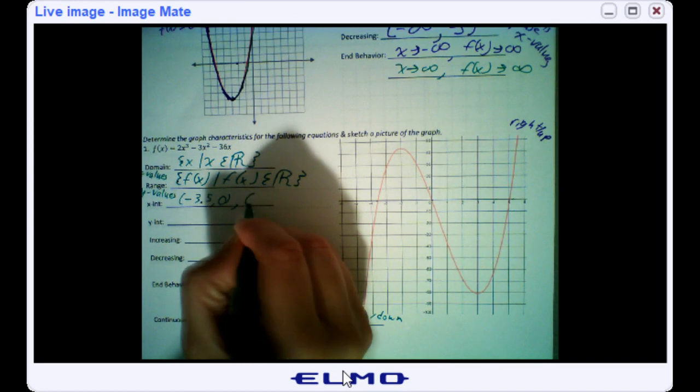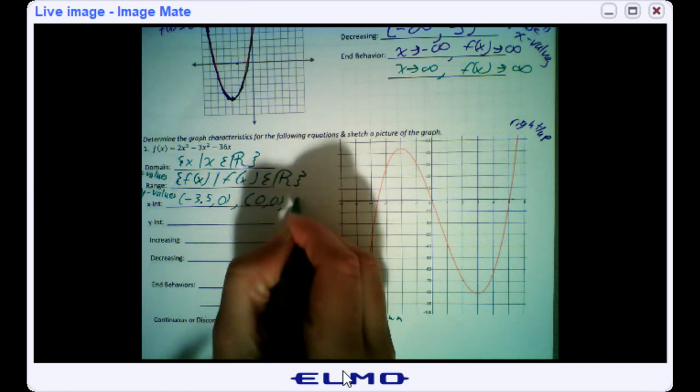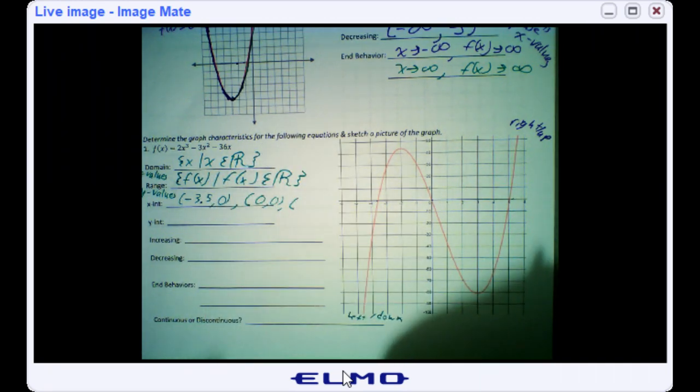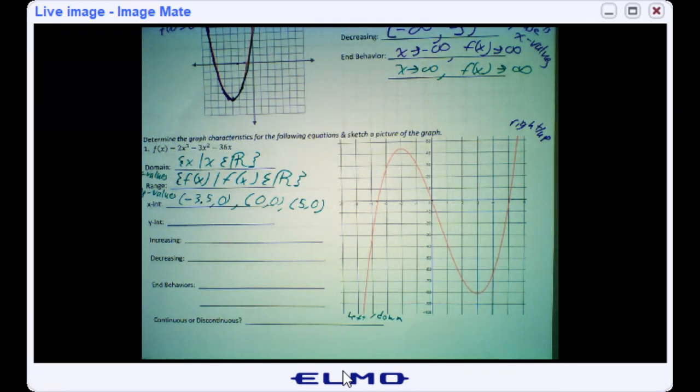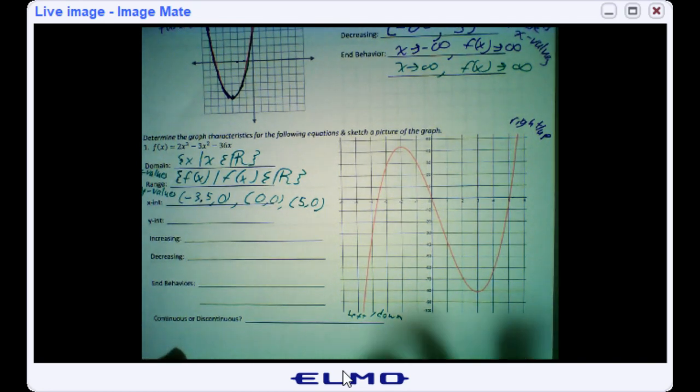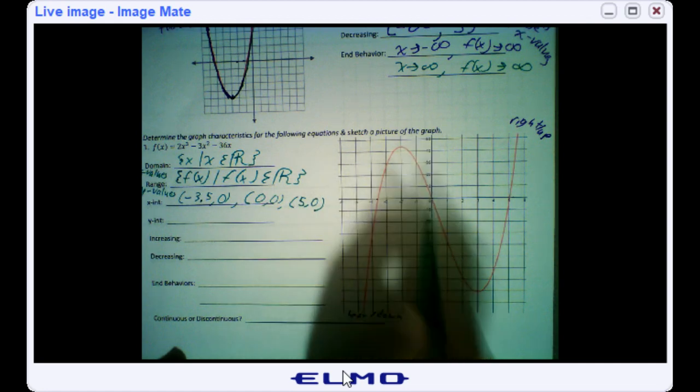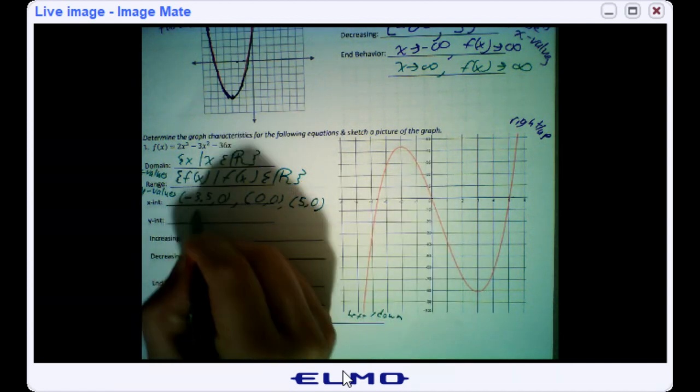We're going to have one at 0, 0, and we'll have one at about 5, 0. Once we learn how to find them exactly, you're going to be required to do that. But until we do, sometimes we can guesstimate. Our y-intercept, where we cross the y-axis, is going to be 0, 0.